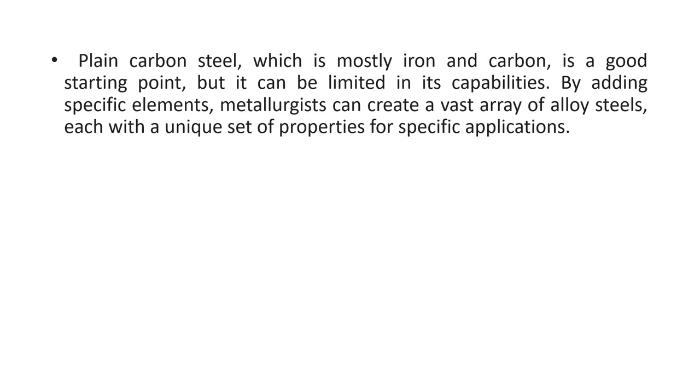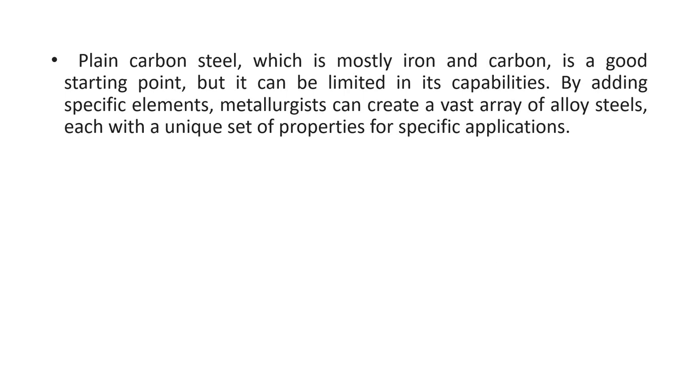Plain carbon steel, which is mostly iron and carbon, is a good starting point, but it can be limited in its capabilities. By adding specific elements, metallurgists can create a vast array of alloy steels, each with a unique set of properties for specific applications.